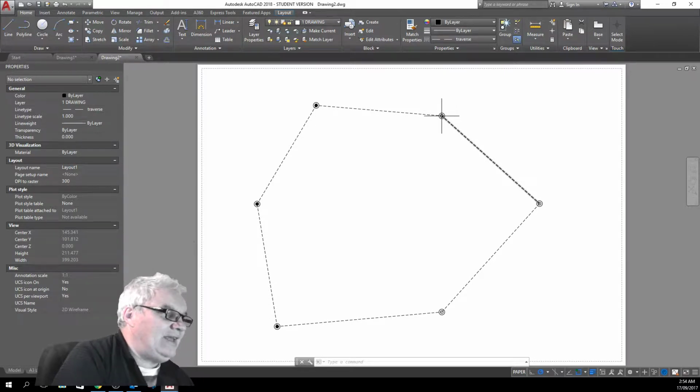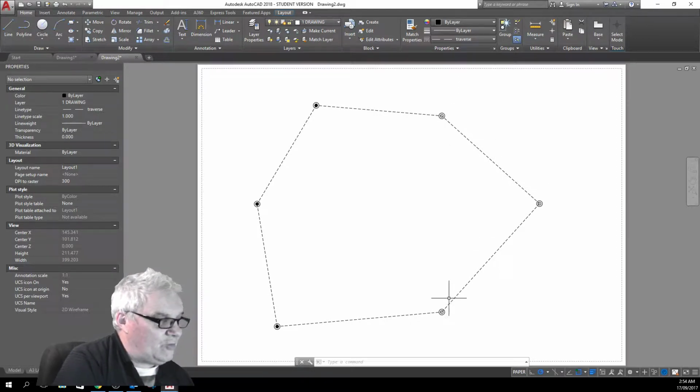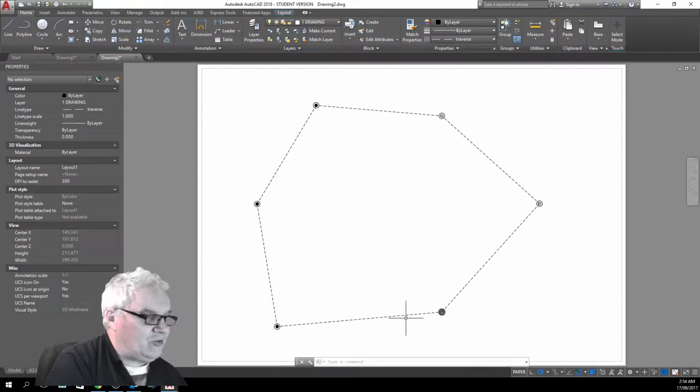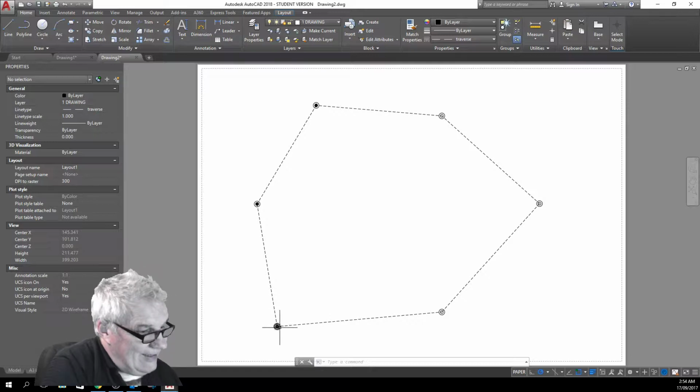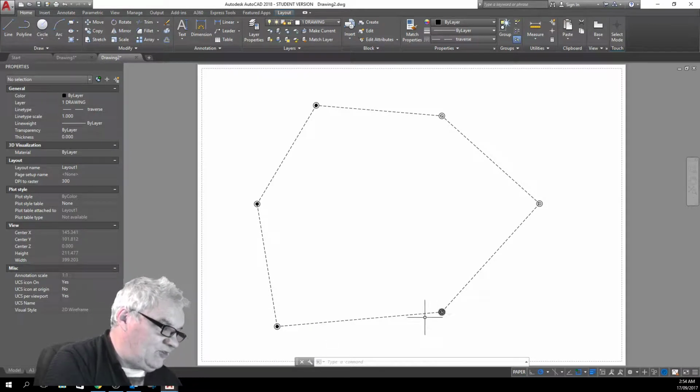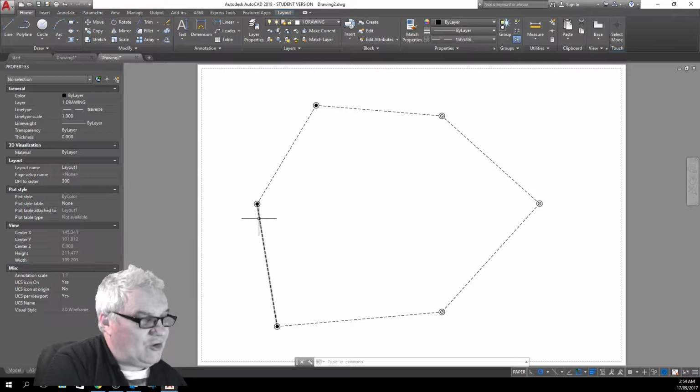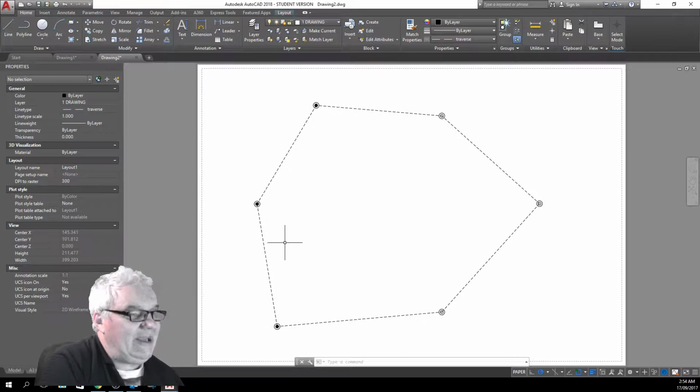Then we'd come here, set that as our back bearing, measure and observe through to here. Come here, set that as our back bearing, measure and observe through to here. Here, set that as our back bearing, measure and observe through to here, and then set here, set that as our back bearing and check that it agrees with this bearing here.